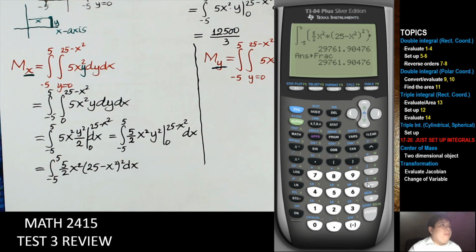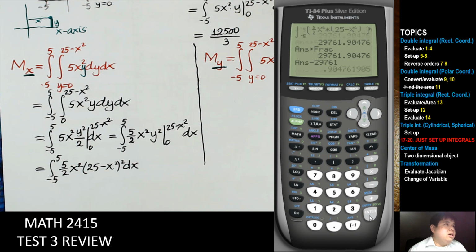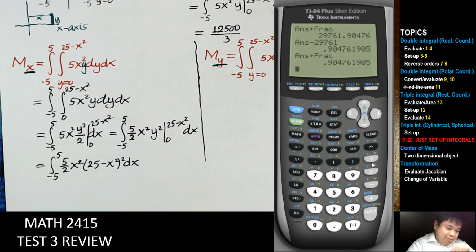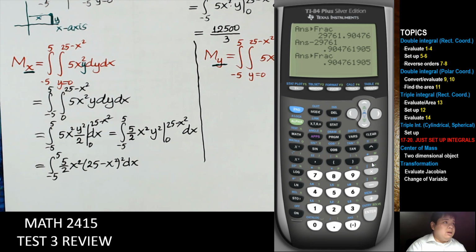No. Let's just minus 29,761. If we just have that, do we have the fraction for that? Nope. Okay, let's do this by hand. Actually, let's just add that number. I'll just keep that for a moment.